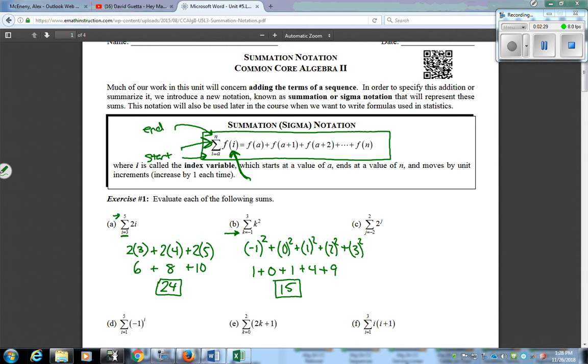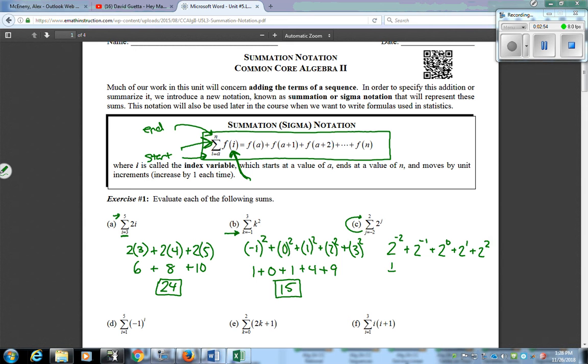Now for C, we got j equals -2. So they want us to start at -2, and get all the way up to 2. So it looks like j is an exponent. So I'm going to do 2 to the -2nd power, plus 2 to the -1st power, plus 2 to the 0 power, plus 2 to the 1st, plus 2 to the 2nd.